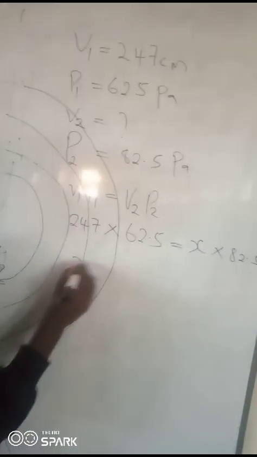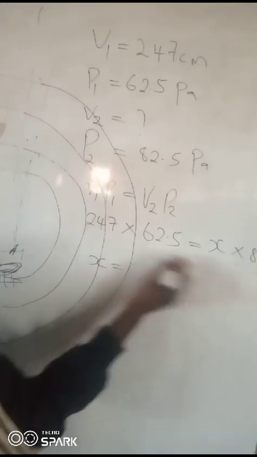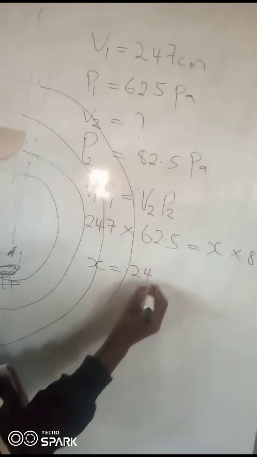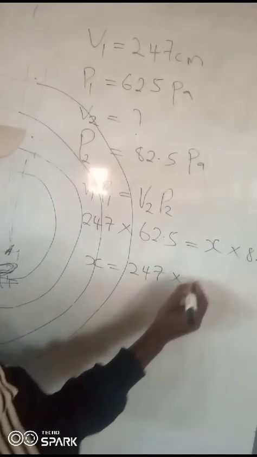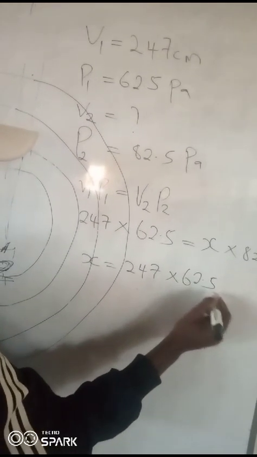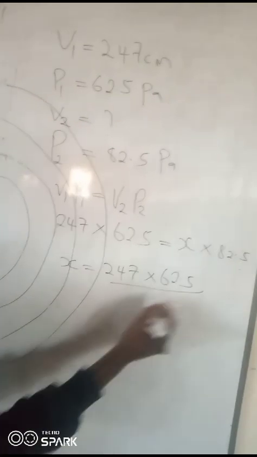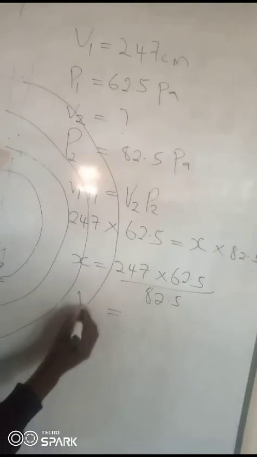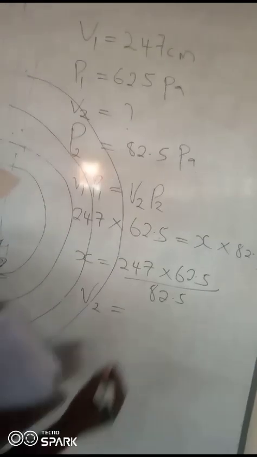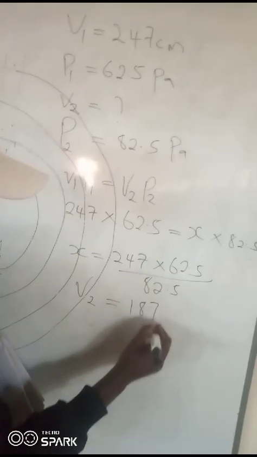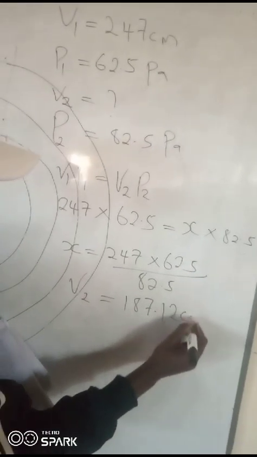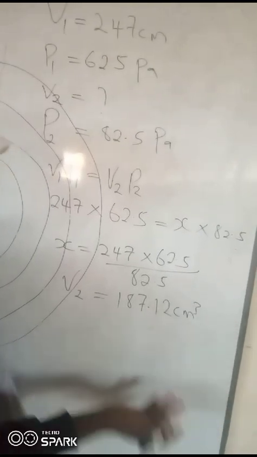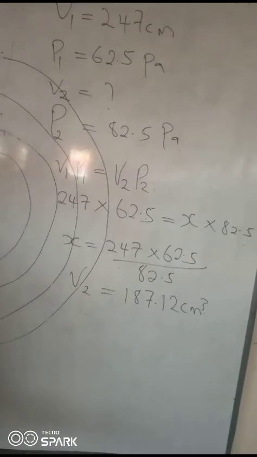Now to get X, using the mathematical formula, we say 247 multiplied by 62.5, you're going to divide it by 82.5. Now our V2 we're going to get is 187.12 centimeters cubed. That's how we do it. Okay?